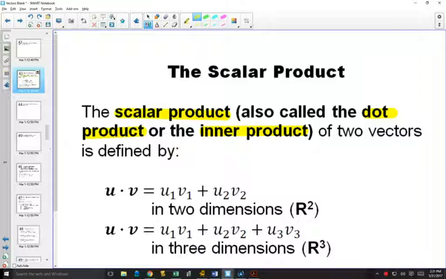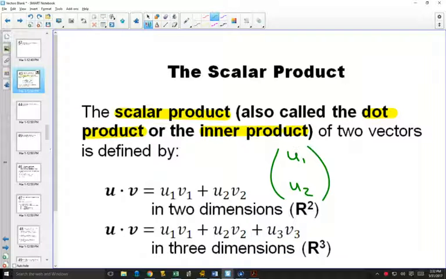Now that new kind of multiplication is kind of like matrix multiplication, except if you originally have one vector u, so let us call it, try green.